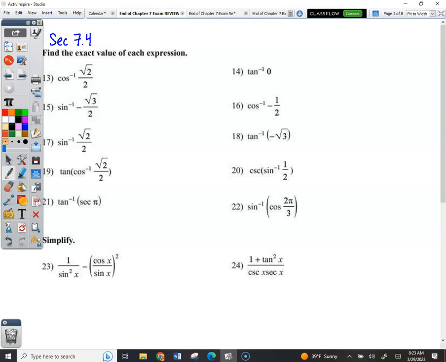Instead of going to your unit circle and me saying, what's the sine of pi over 2, and you saying that it's 1, the reverse is, where on the unit circle is sine 1? And the answer would be pi over 2. Okay, so it's the reverse of the question.